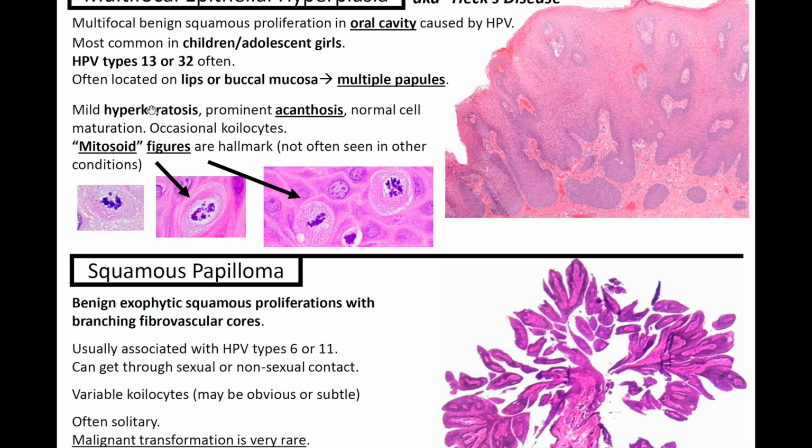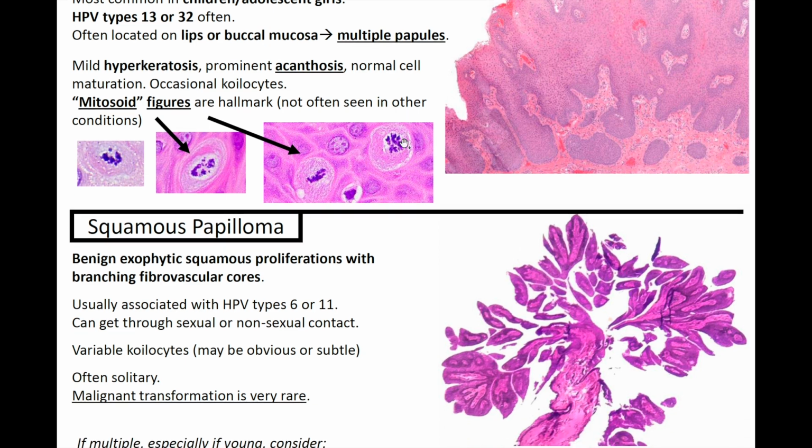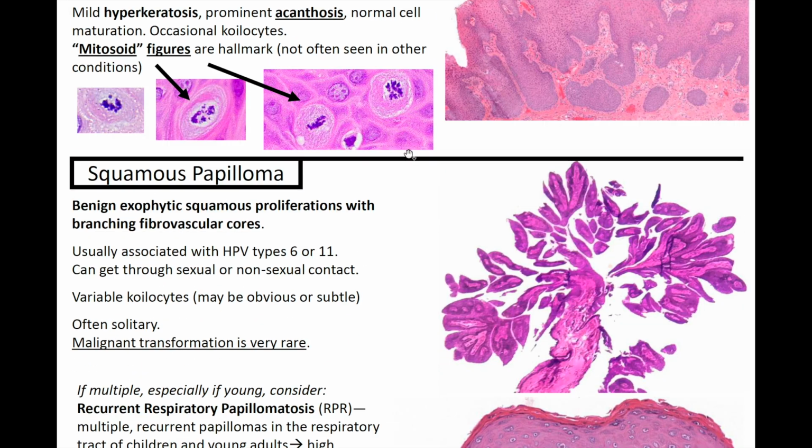There can be mild hyperkeratosis, prominent acanthosis, normal cell maturation, and occasional koilocytes. The mitosoid figures are a hallmark, not often seen in other conditions. As you'll see here, the mitosoid figures. Kind of bizarre looking mitotic activity. And that is Heck disease.